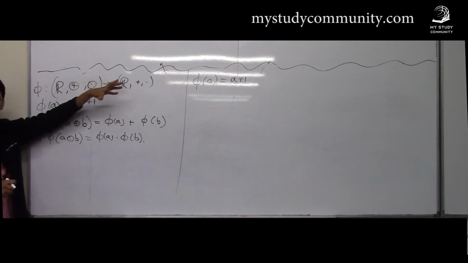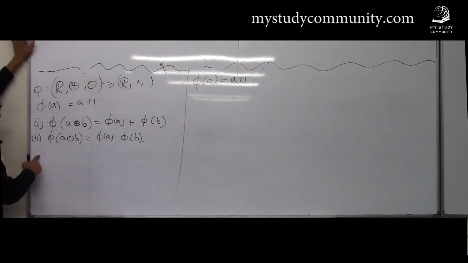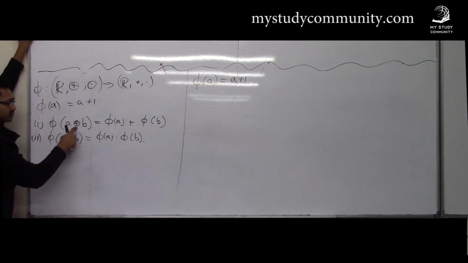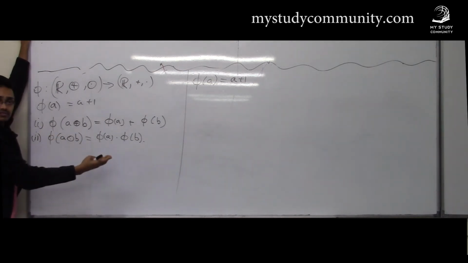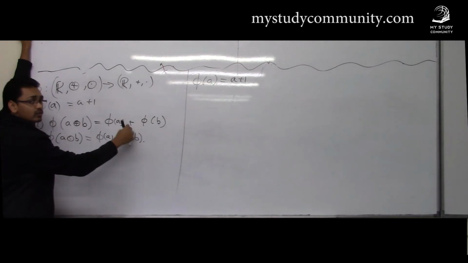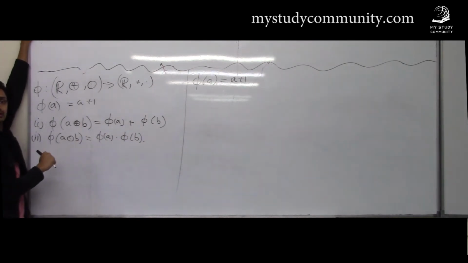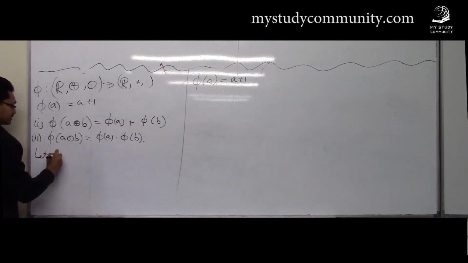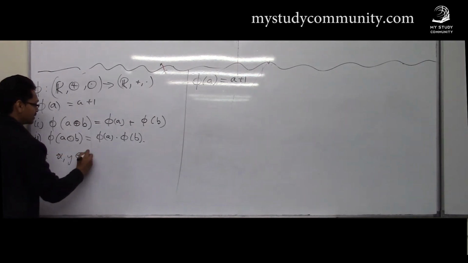So what to do? Proof: let a and b be elements of this set. Now phi of a circle plus b equals, work it out, simplify, and then take this side, work it out, simplify, and then show both sides are equal. You all follow? So let x and y be elements of R.